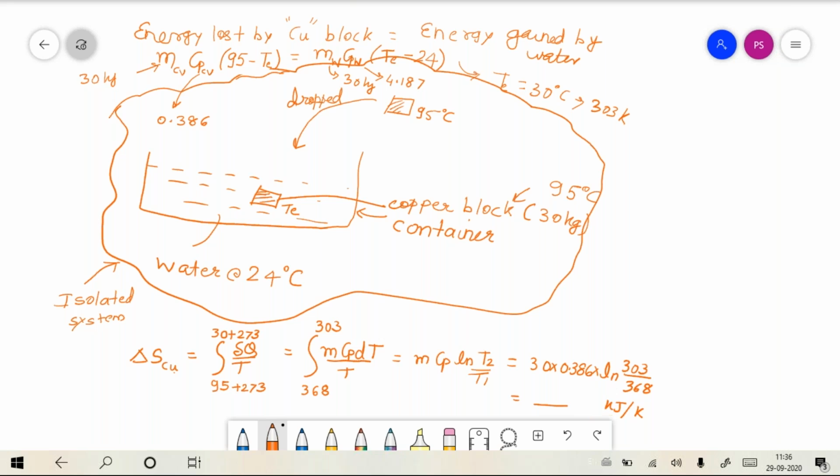Okay, Sushant has already calculated. Anybody else who has calculated this? Kunal has calculated. Atharva has calculated. Pranav has calculated this.